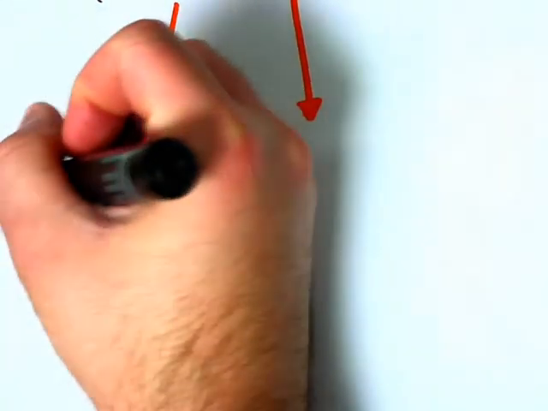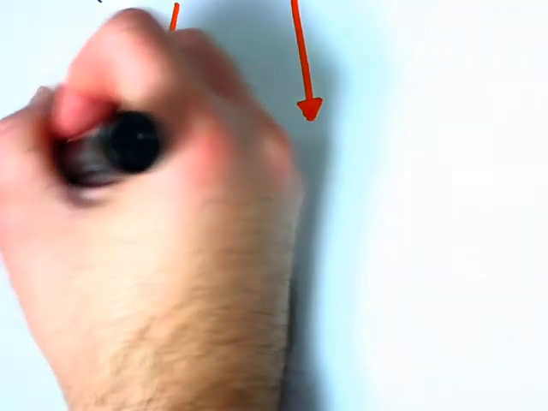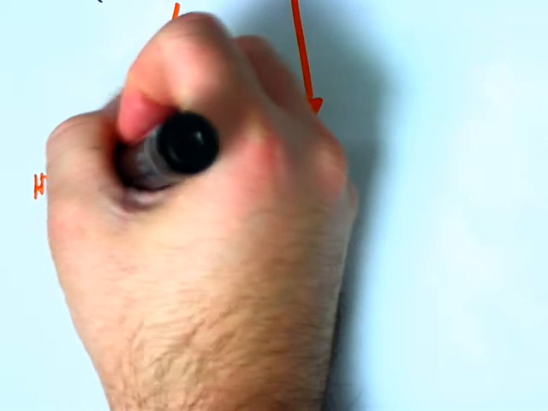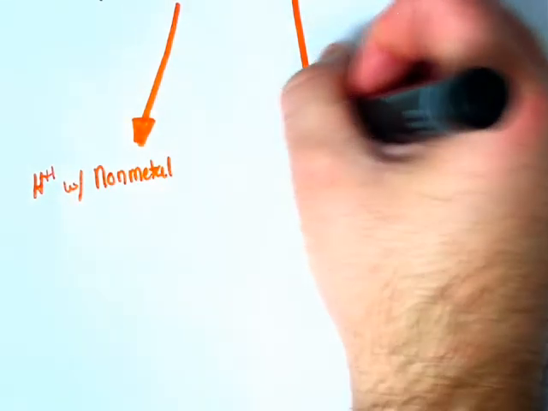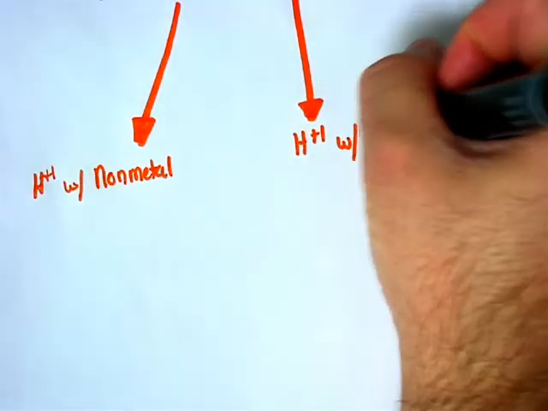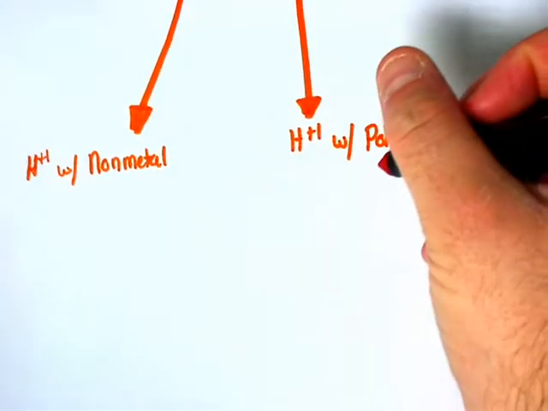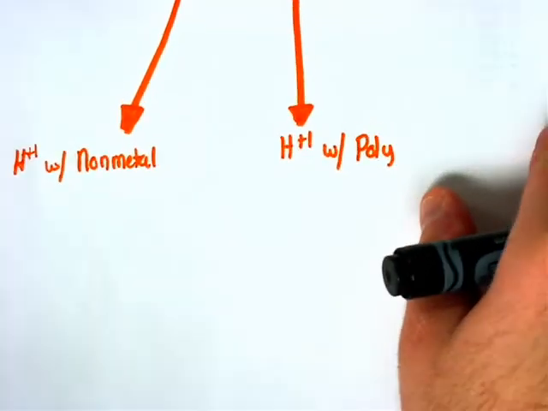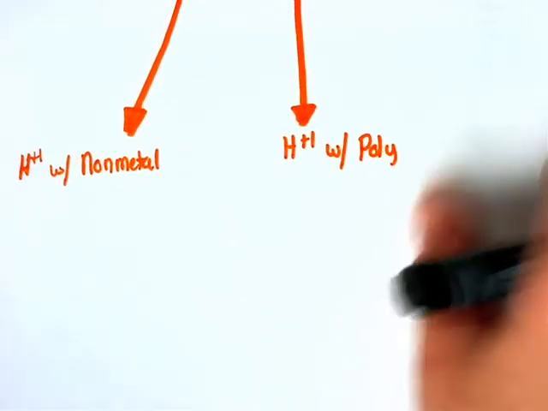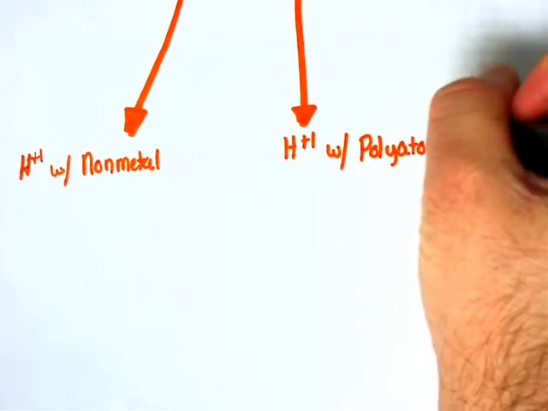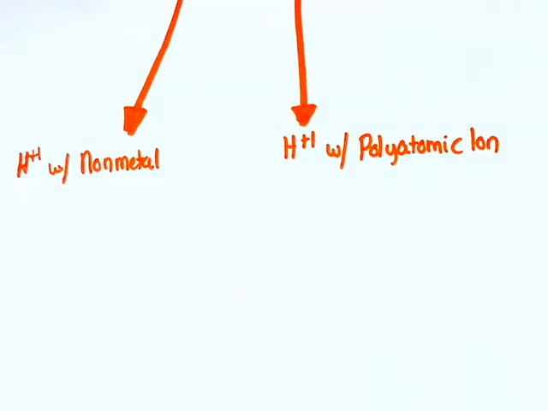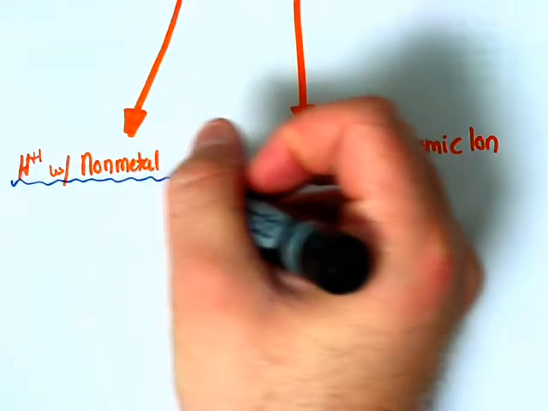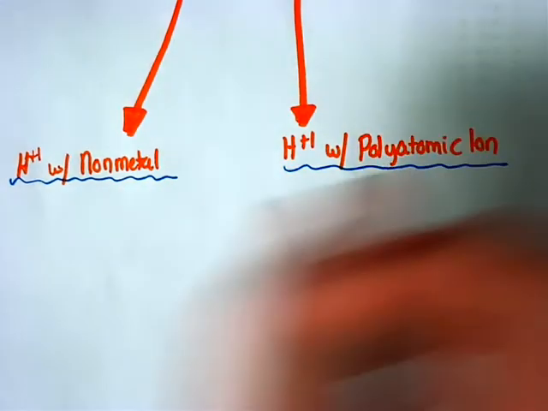And I want us to write that you could have one type of acid where you have the H+1 with a nonmetal, and here's when you have an H+1 with a polyatomic ion. So these are the two cases of our acids. Two different styles of writing out the formula: when you have H with a nonmetal, and when you have H with a polyatomic ion.